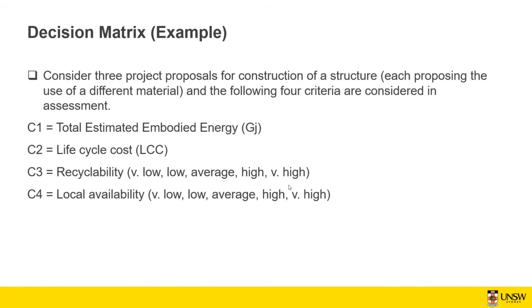So that was one example. Another example I want to give you has a lower number of criteria, so we can also do some calculations and show you how the calculation can be done. Let's say we have 3 projects here and 4 criteria. It's a project for the construction of a structure, each proposing use of a different material.